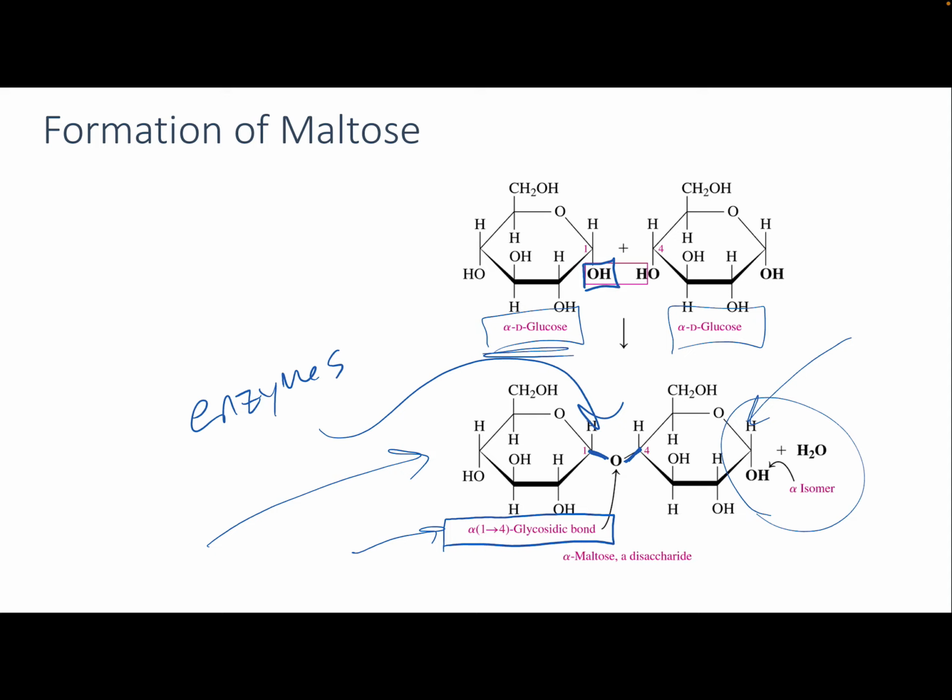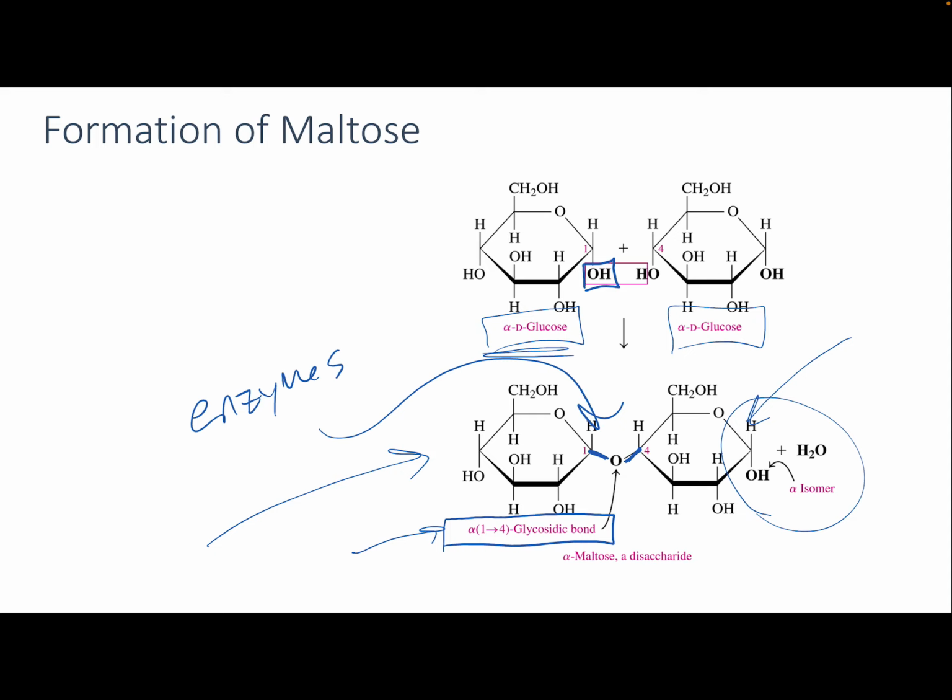I can give you any two sugars and say link them with a beta 1,6 linkage or an alpha 1,2 linkage, and you would just connect them knowing what carbons are connecting and what direction the OH is going to be, or the O bond, based on alpha and beta. I could even give you two Fischer projections and say draw these as Haworth structures and then link them with an alpha 1,4 or a beta 1,4 link. So you can do that with any sugar.